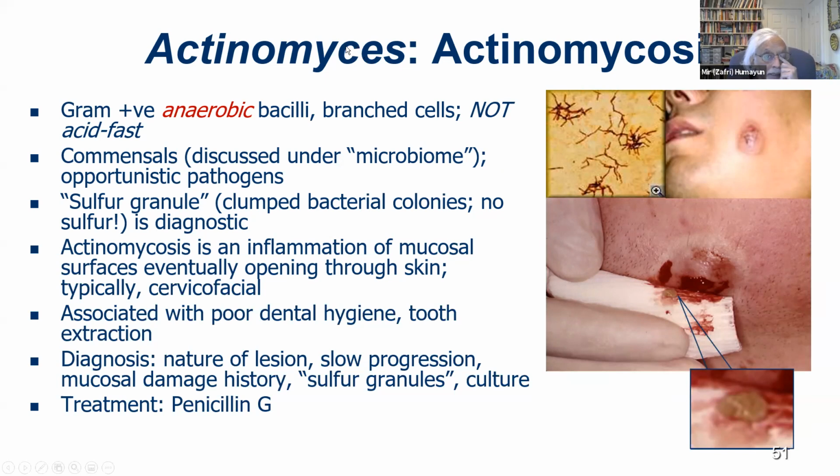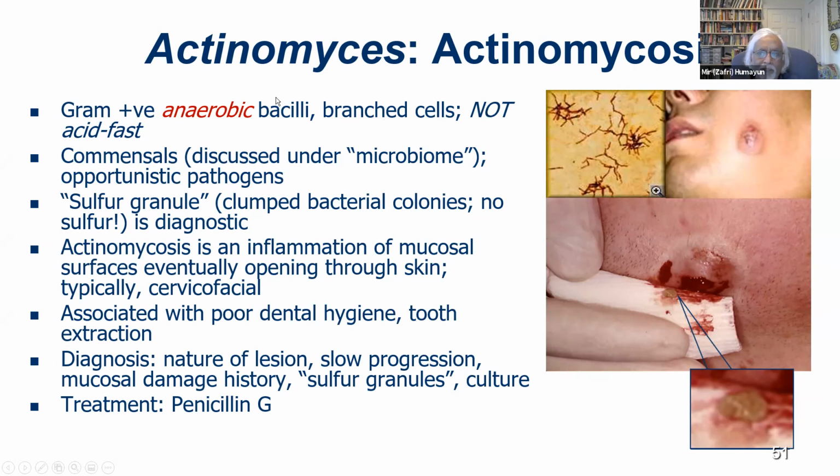Actinomyces are gram-positive cells. They are, however, anaerobic bacteria. This is the only organism in this entire lecture that's anaerobic, and therefore you must know it. Okay? This is the only organism in the whole lecture that's anaerobic. Okay? The gram-positive anaerobic bacillus. It has a branched cell morphology and is not acid fast.